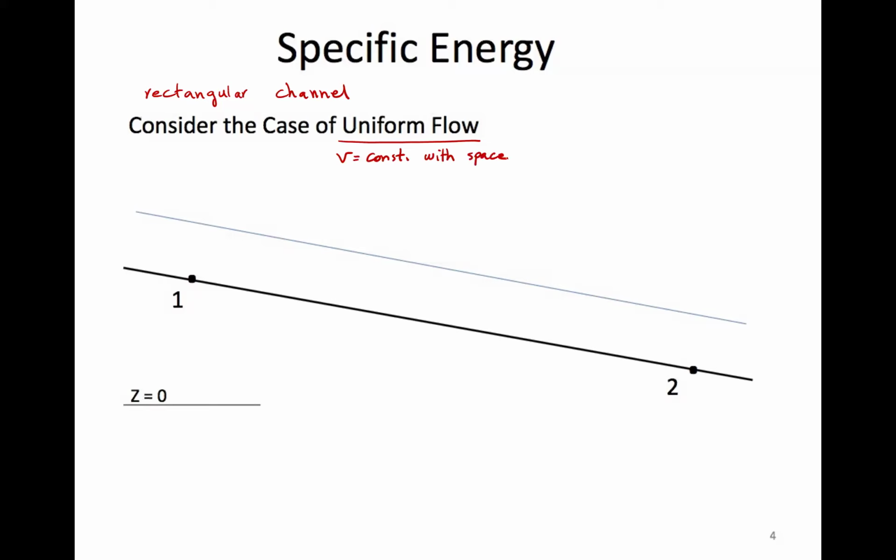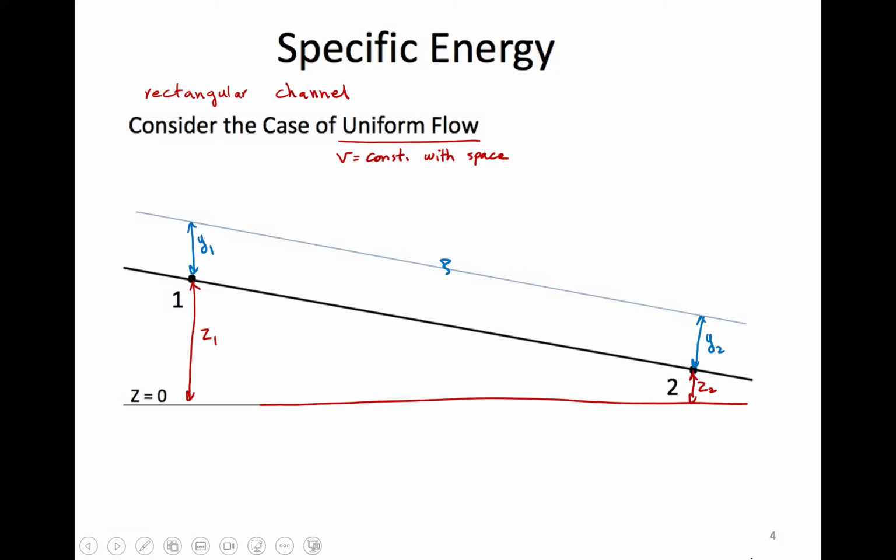So very quickly, the same sketch as I had before. I'm going to extend our datum. So what do we have? Section 1, we have elevation head Z1. Section 2, we have Z2, right? We have pressure head, this is the water level, of Y1 and Y2, which, by the way, gives us the HGL.